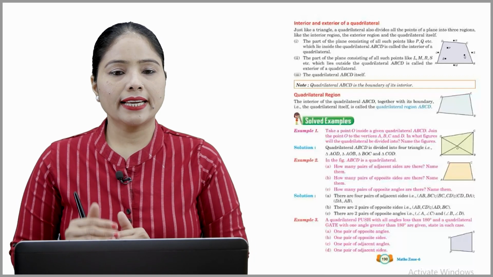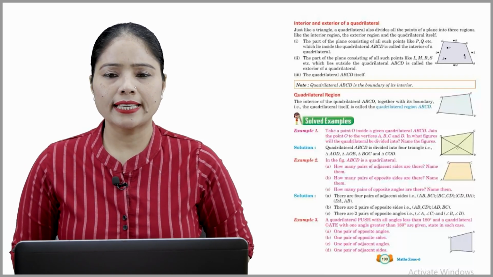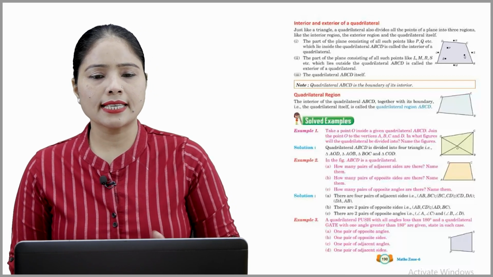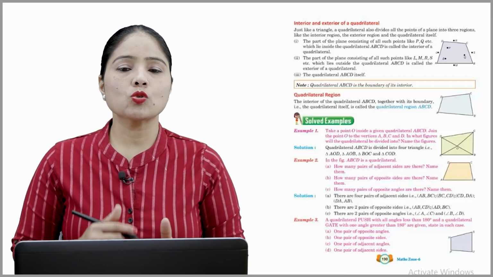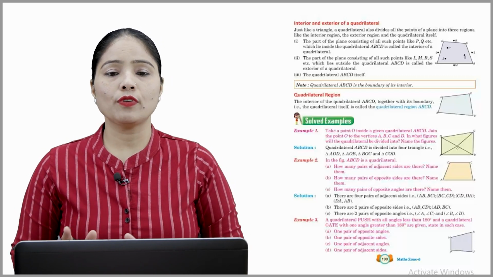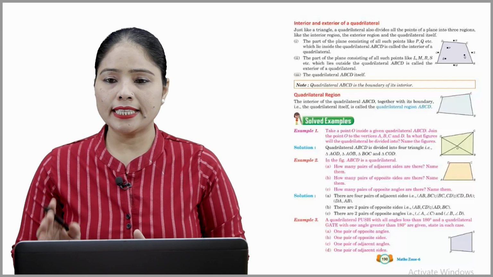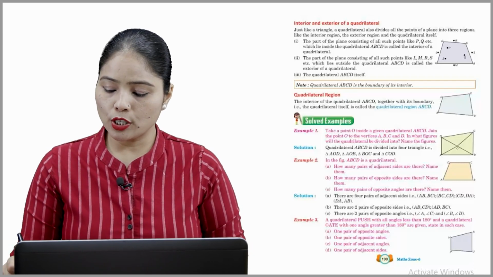Second is the part of the plane consisting of all such points like L, M, R, S, etc. which lie outside the quadrilateral ABCD, called the exterior of a quadrilateral. The quadrilateral ABCD itself is the third. Okay. I hope you understood well.